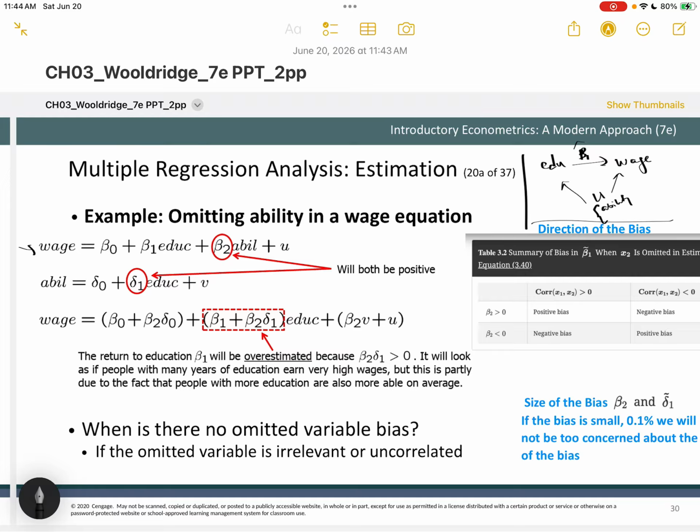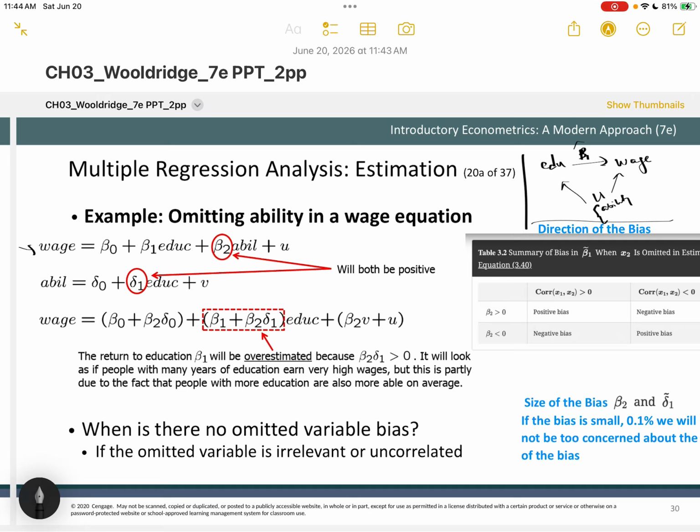Now, ability is in the error term. Ability is correlated with education, meaning people who are more educated are also more able. You see, more able people are more educated, and more educated people get higher wages.